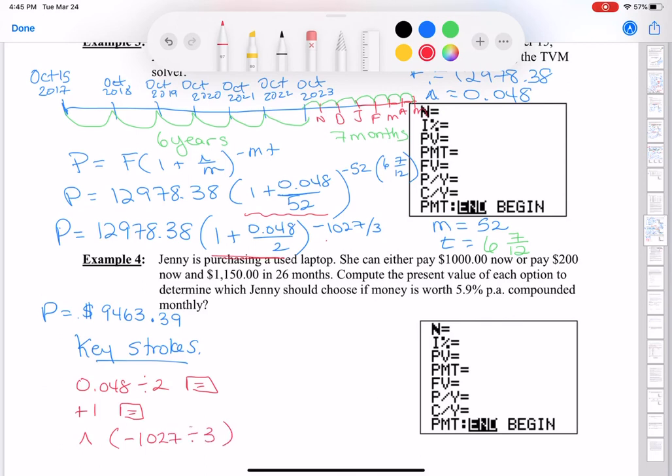Very important that that's in brackets, and I pressed equals, and then I did times 12,978.38. And if you have one of the calculators that is not one of the high functioning calculators, these keystrokes will be most useful for punching in something a little bit more complicated as above.